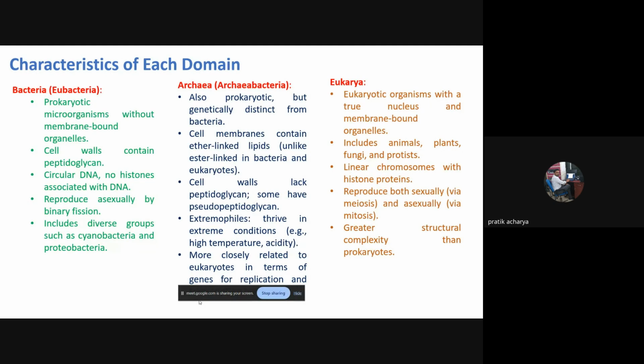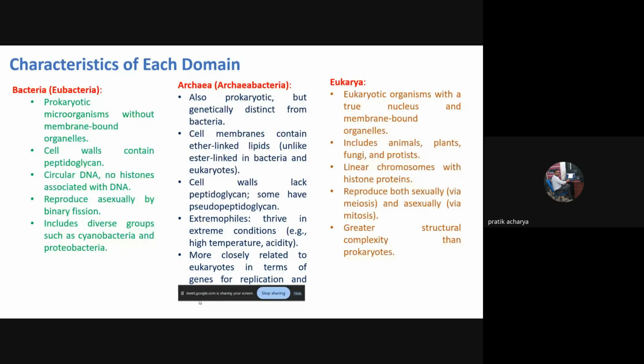That means nucleus, mitochondria, endoplasmic reticulum, whatever membrane-bound organelles you can ask, they all lack in that group. But they are not similar to an animal cell because they have cell walls, which are made up of peptidoglycan.